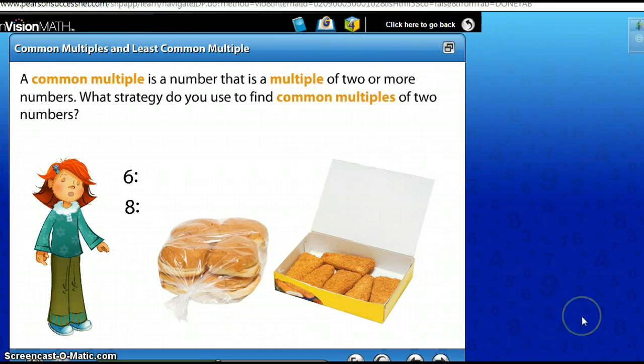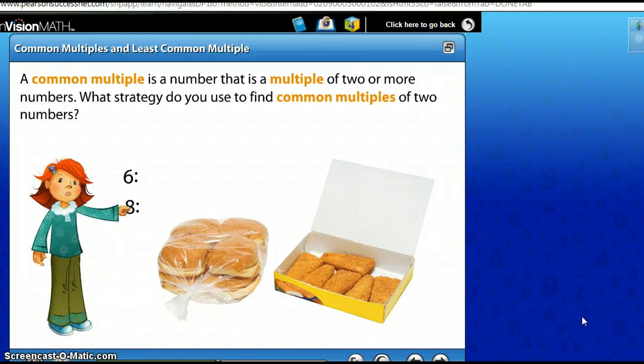There we go. A common multiple is a number that is a multiple of 2 or more numbers. What strategy do you use to find common multiples of 2 numbers? What did we do before when we wanted to find common multiples of 2 numbers? Haley?